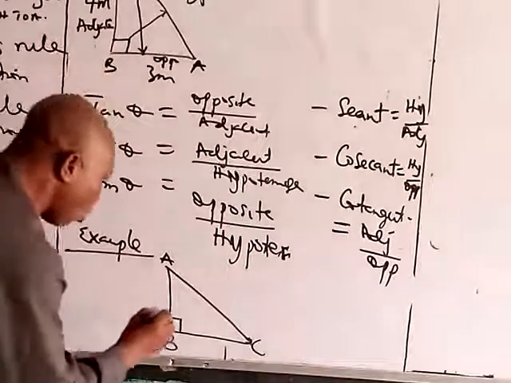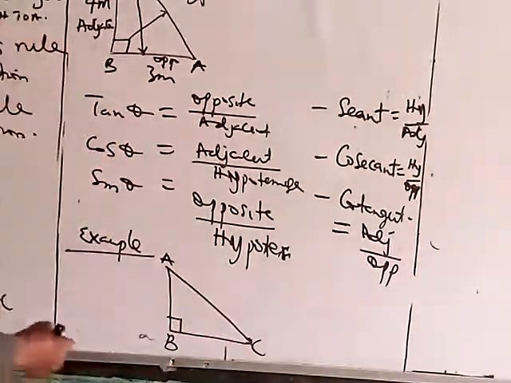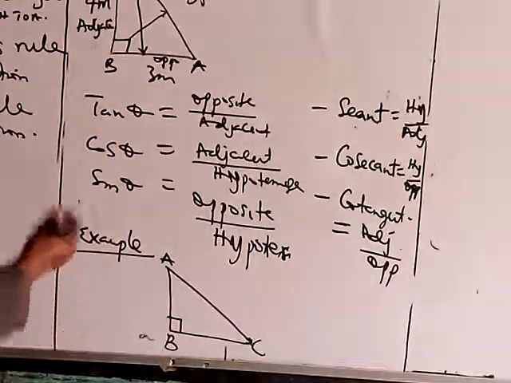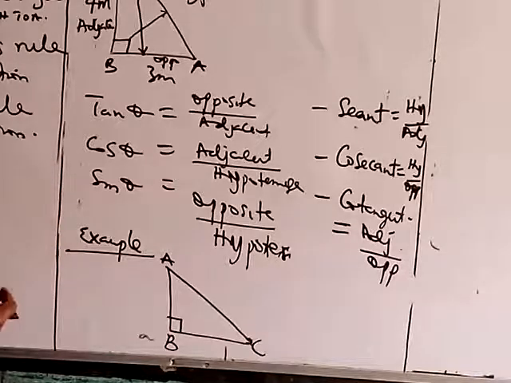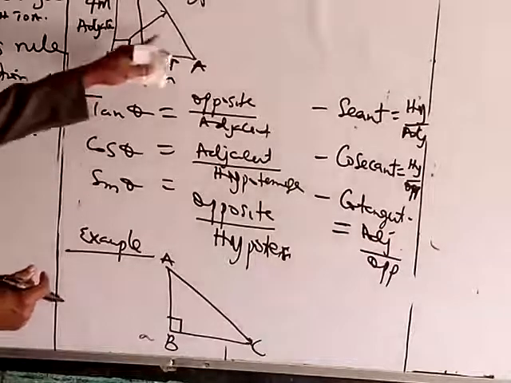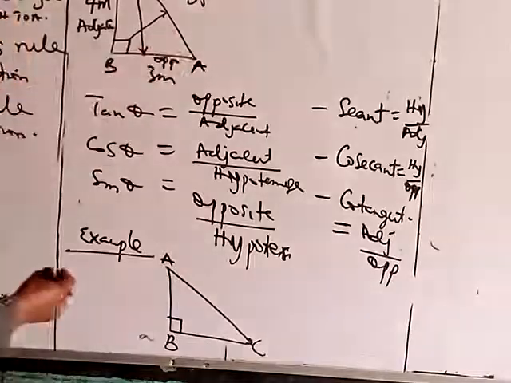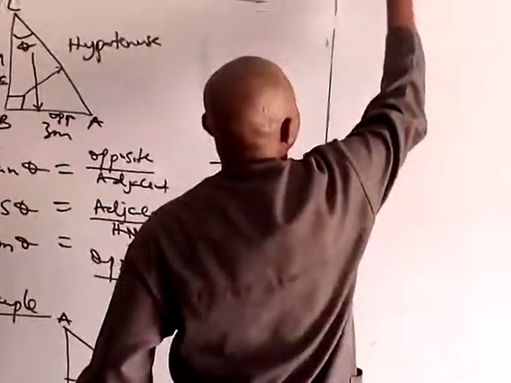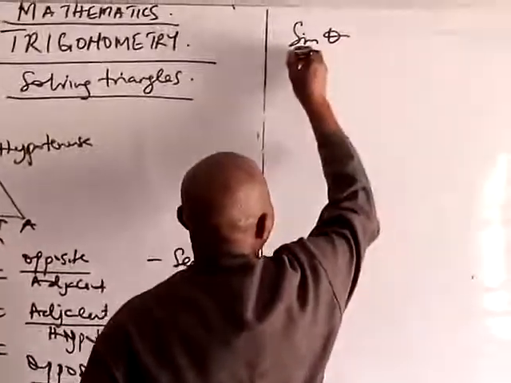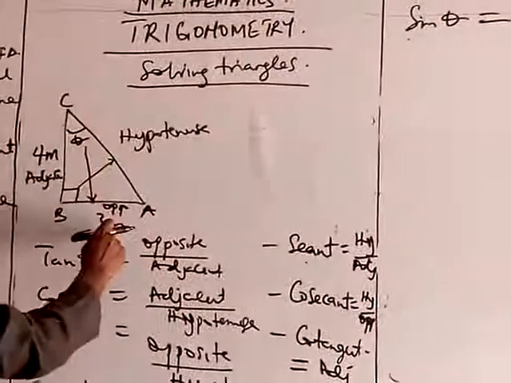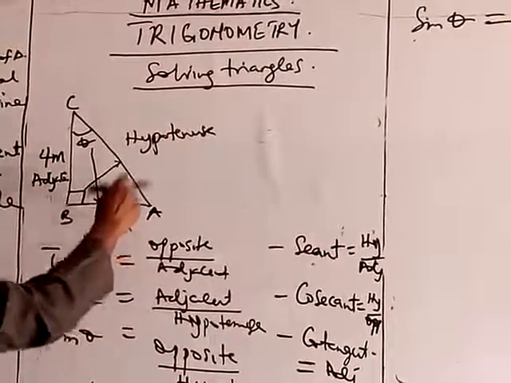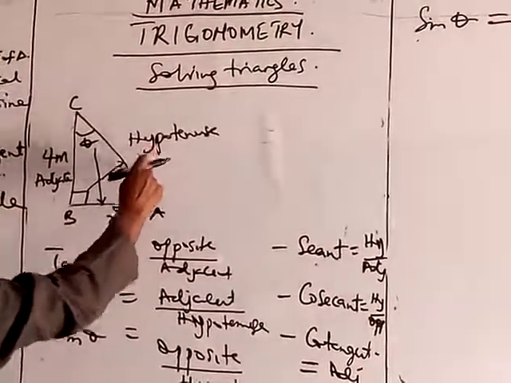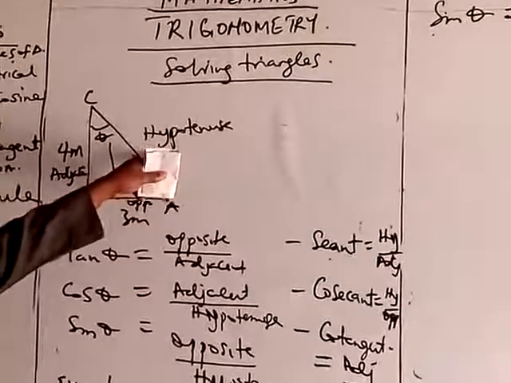Then you are asked to solve that triangle to find the tan theta, the cos theta, and the sine theta. From the diagram that we have seen above, your sine theta here is equal to opposite side all over the hypotenuse side. But the hypotenuse is yet to be known.